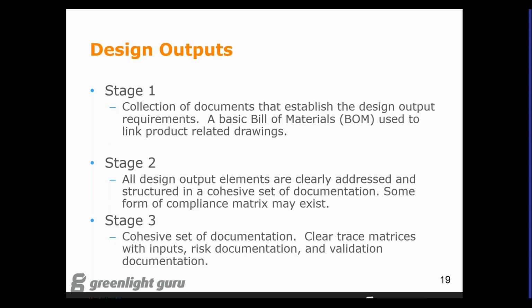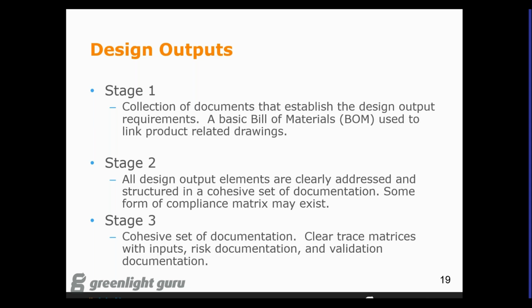So now here again, levels of maturity. Most companies, as I said, generally have stage 1. They have that basic information. Stage 2, they'll have all the information clearly pulled together.